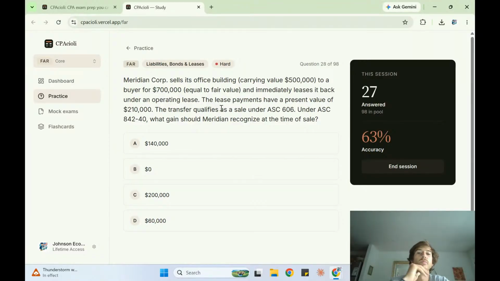What gain should Meridian recognize at the time of sale? I don't have a clue. Let's see.